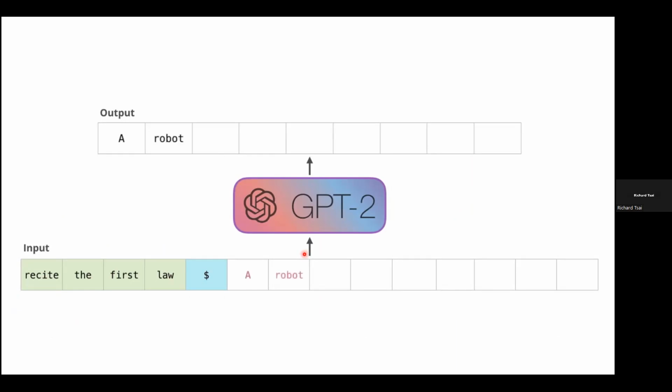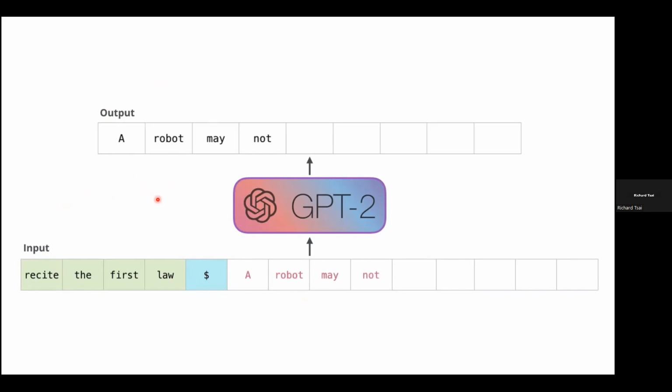This means that once it generates a token, that token is considered part of the ongoing prompt and is used to generate the next token. So in this example, GPT-2 generates the first token, "A," which becomes part of the prompt, making the updated prompt "recite the first law A."